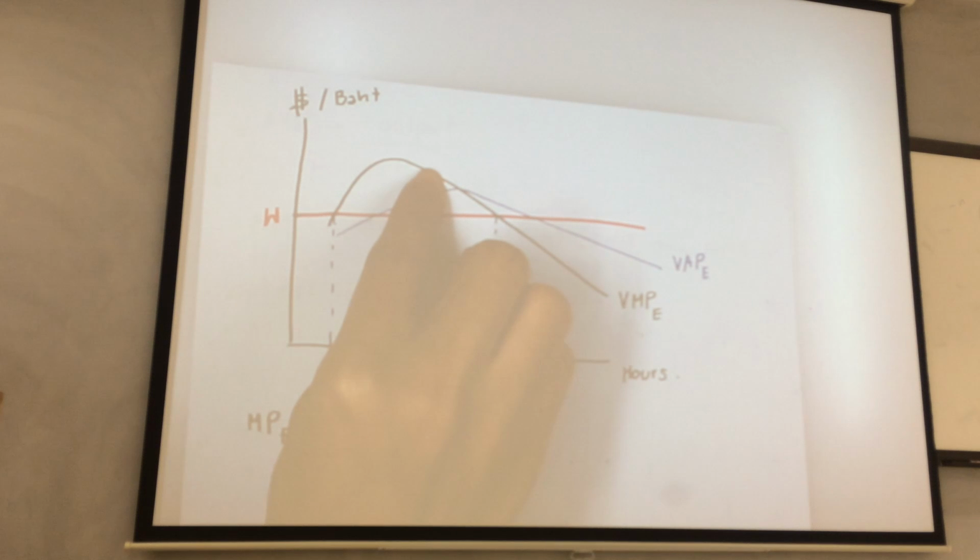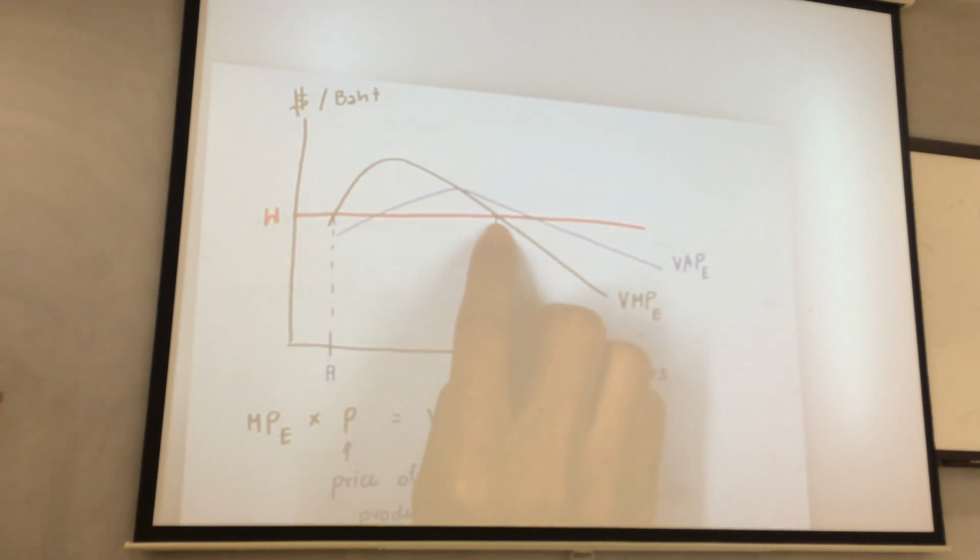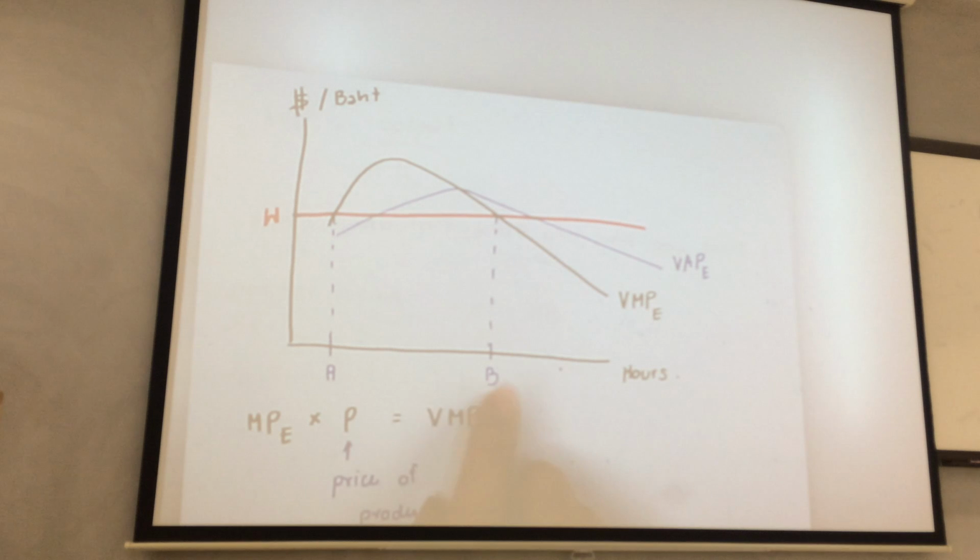And you will stop right here because after this, additional benefit is lower than the additional cost. So this will be the optimal choice that you pick, the optimal hiring level, because it maximizes your return. It's where your total benefits minus the total cost is the highest.